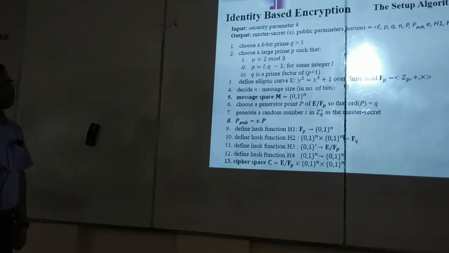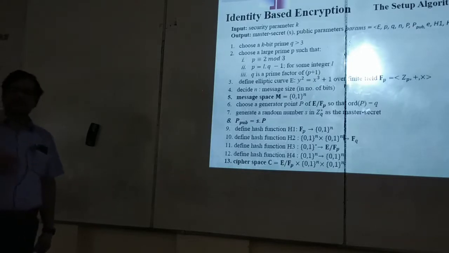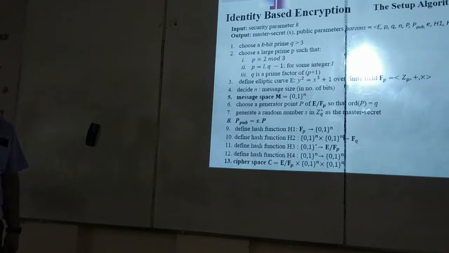So what is the purpose of this setup algorithm? The setup algorithm will generate the master secret for the PKG and some public parameters. Now see the list of public parameters. This is the definition of the elliptic curve. These p and q are the prime numbers, the size of these things. n is the size of the message.